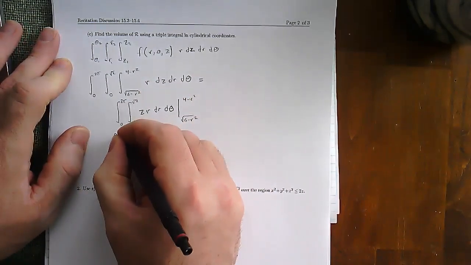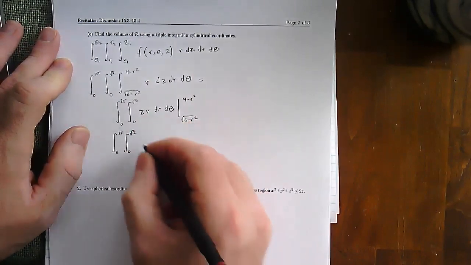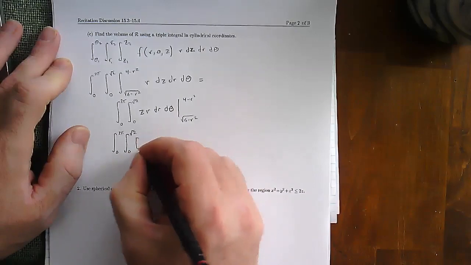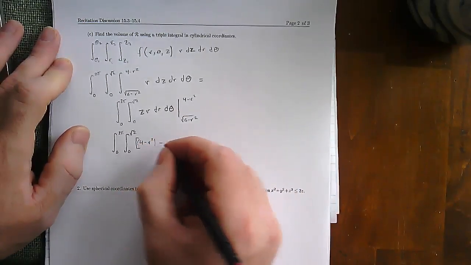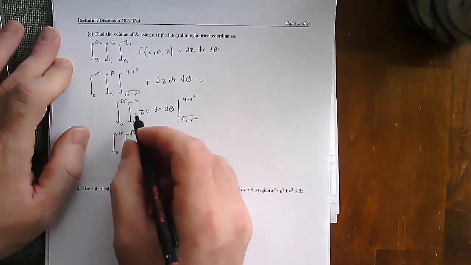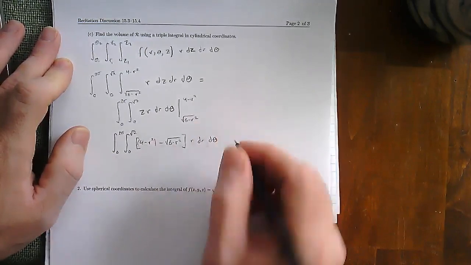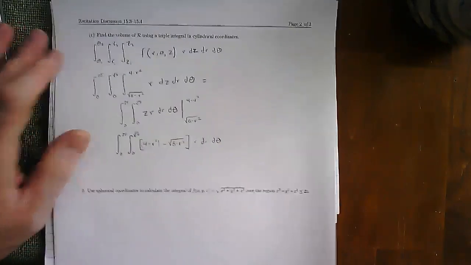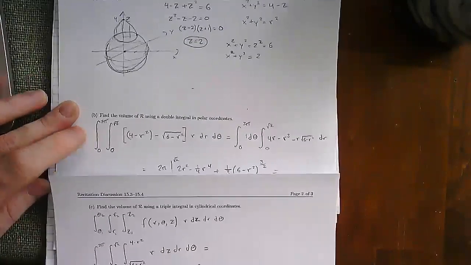We get the integral from 0 to 2 pi and 0 to root 2 of the following difference. Well, 4 minus r squared minus square root of 6 minus r squared, and then times r dr d theta. And at this point, we've created an integral that's absolutely identical to the integral that we created in polar coordinates.